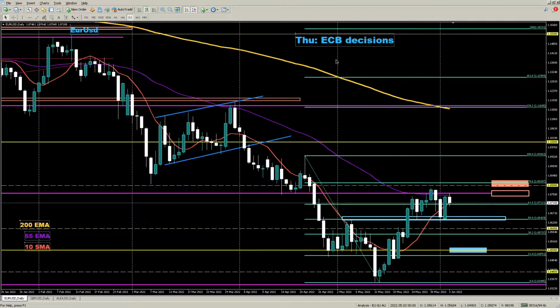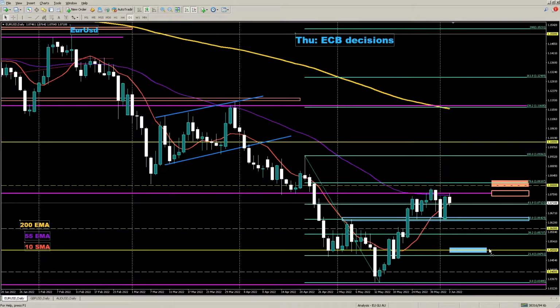And next week, we have the ECB's turn to announce their rate and policy decisions. They are getting close to announcing a rate hike, which could happen in the next meeting in July. This time around, they need to announce the end of their bond purchase.